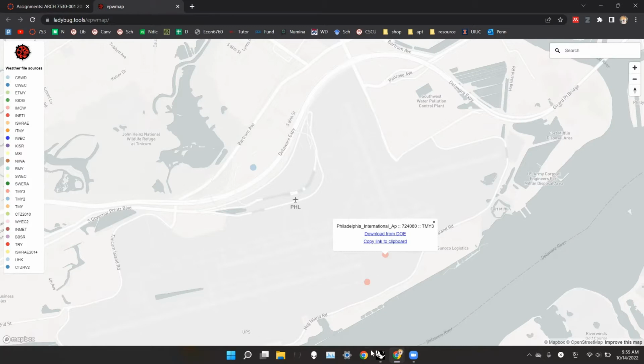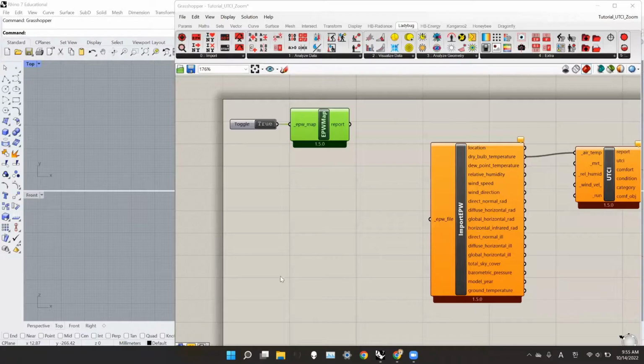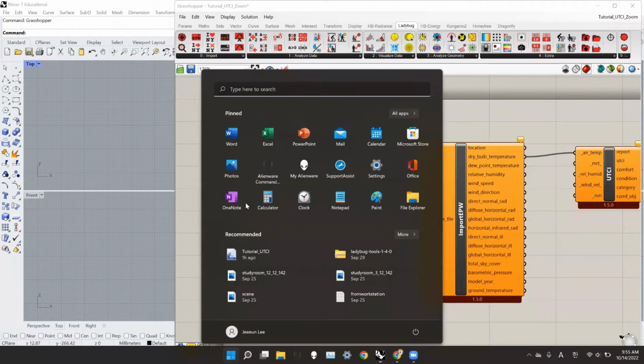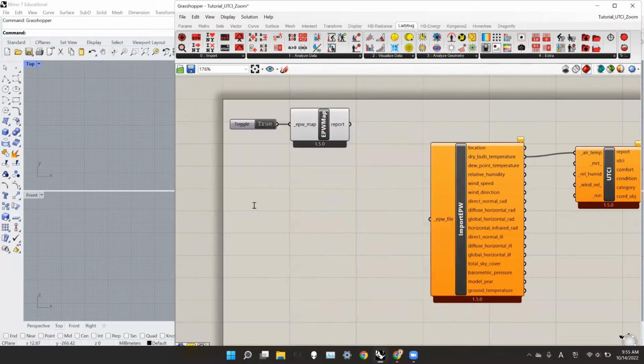I copied the URL address to my clipboard, so now I have the URL file.